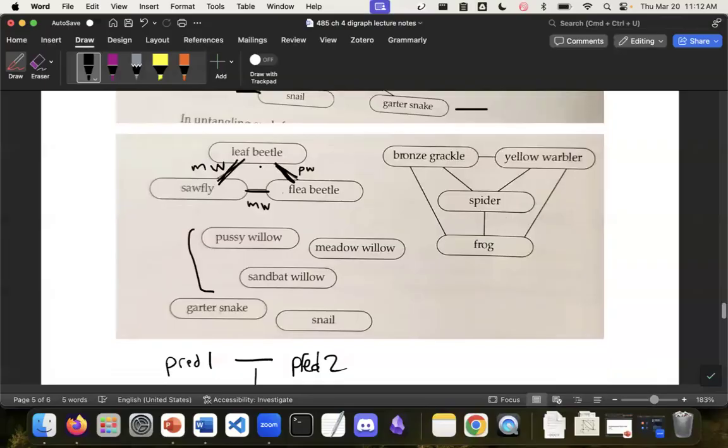Okay, so take a minute and work on 16 now with your group, unless you're already done.